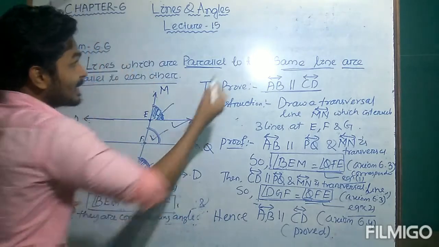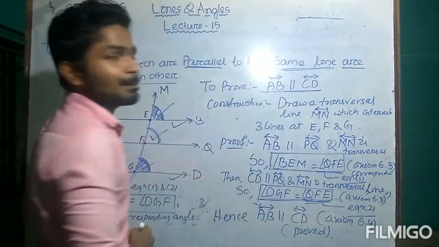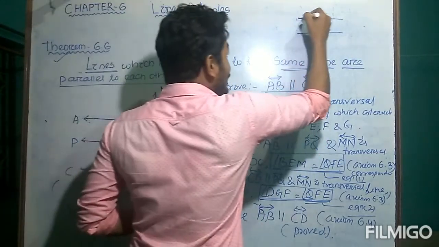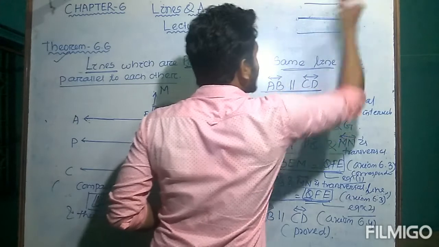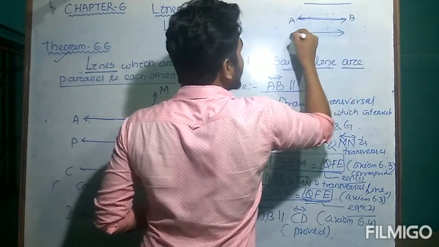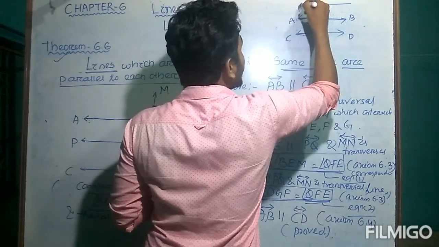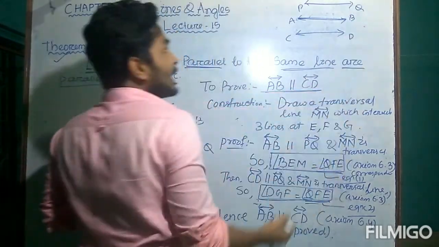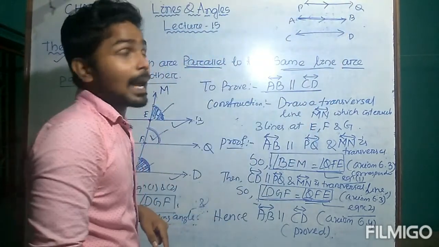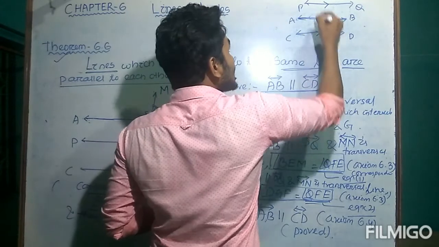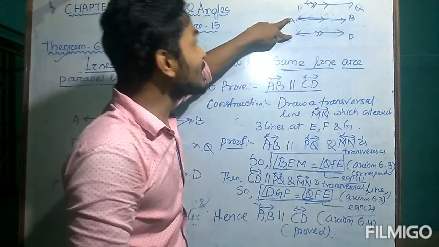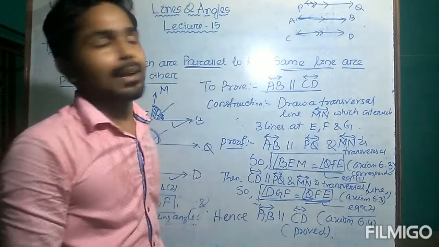Like this, if there is a line, and there is another line, suppose we name them AB, CD and PQ. If the AB line is parallel to the PQ line and the CD line is parallel to that PQ line, then we can say these two lines are also parallel.